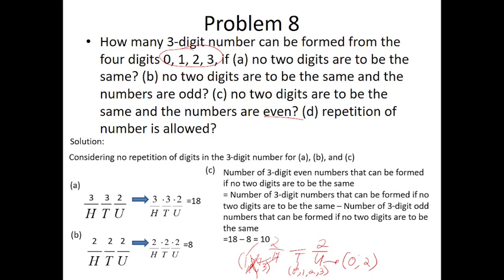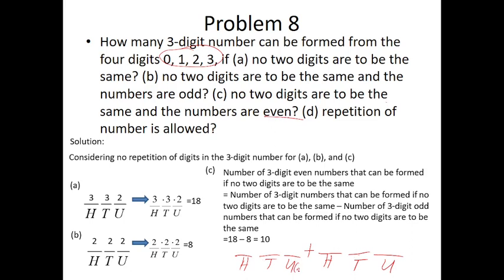Alright, so to solve the problem, since there is inconsistency, we consider the two situations. We are to separate the two. Because there is inconsistency, we must separate. In other words, for the condition, no two digits are to be the same and the numbers are even.